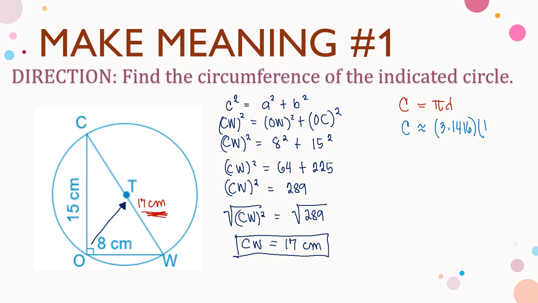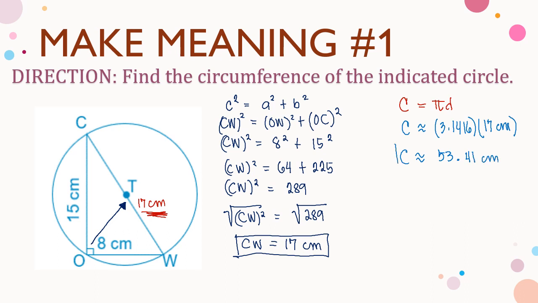We got 17 centimeters a while ago, and therefore our approximate value or answer for our circumference right now is 17 times 3.1416, and we would have 53.41 centimeters.